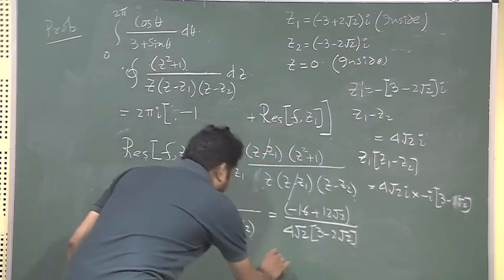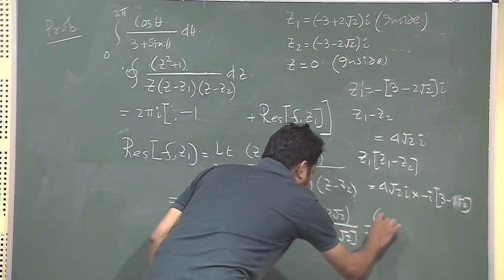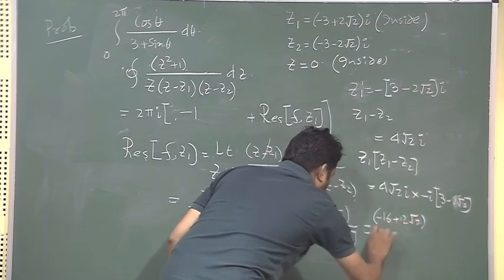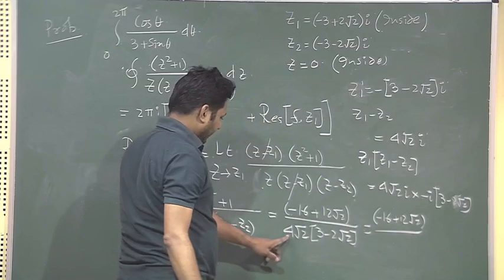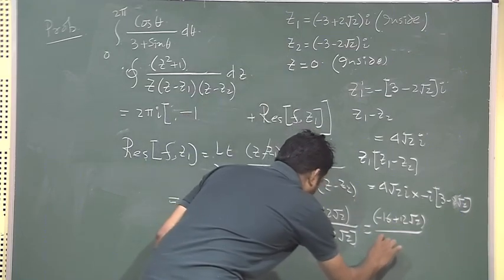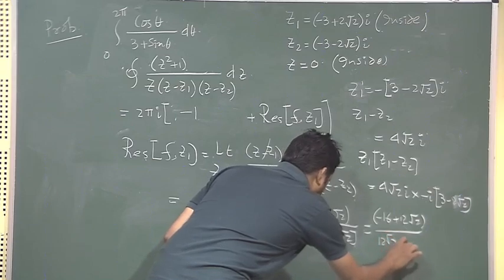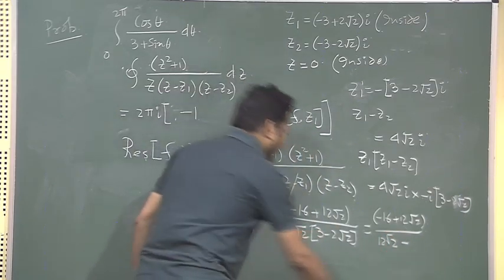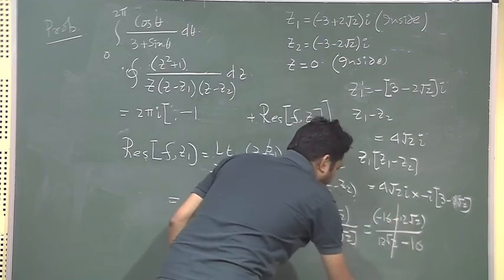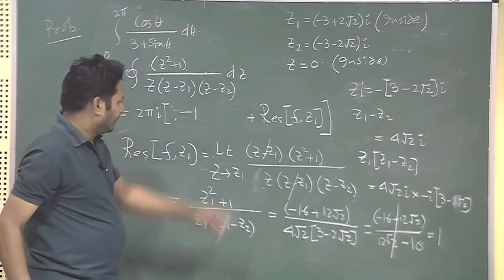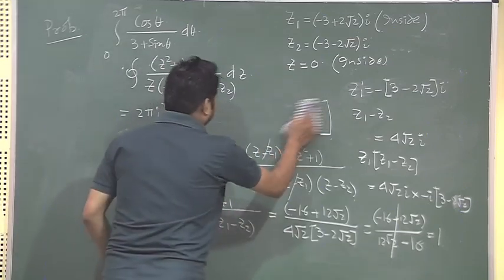Okay. Now, if I do this calculation, upstairs it is minus 16 plus 12 root 2, and downstairs if I multiply, it will be 4 into 3, it is 12 root 2 minus 4 into 2 multiplied by 2, it is 16. So, again it will cancel out and I am getting plus 1.